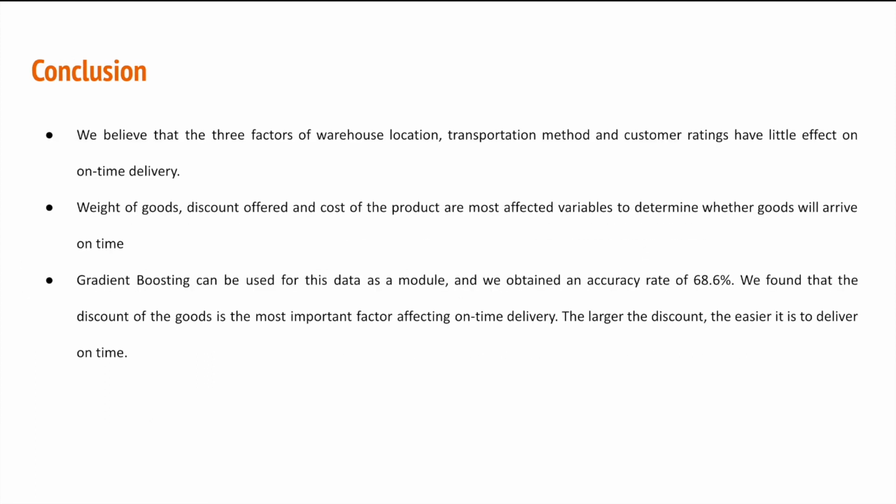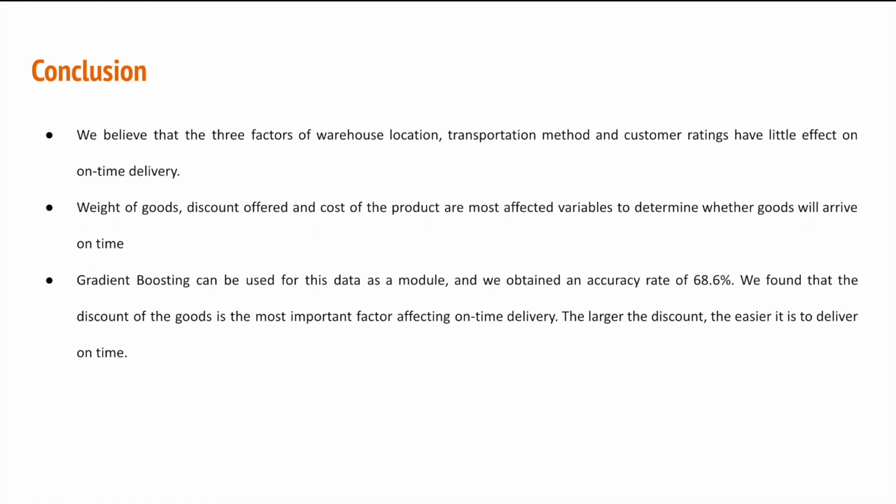And in conclusion, we believe that the three factors of warehouse location, transportation method, and customer rating have little effect on on-time delivery. And weight of goods, discount offer, and cost of products are more affecting variables to determine whether goods will arrive on time.